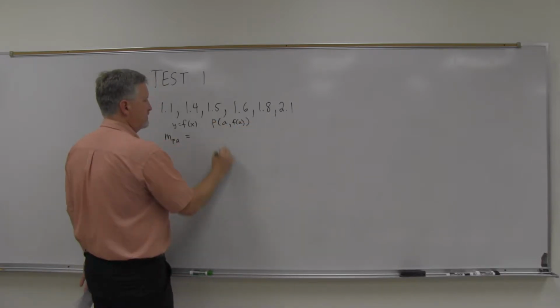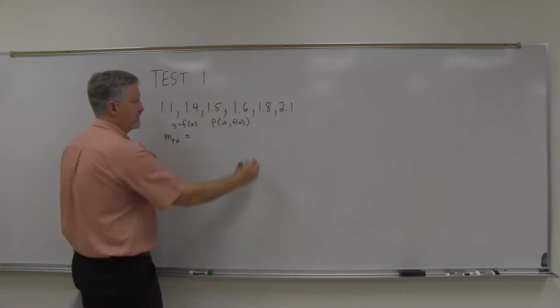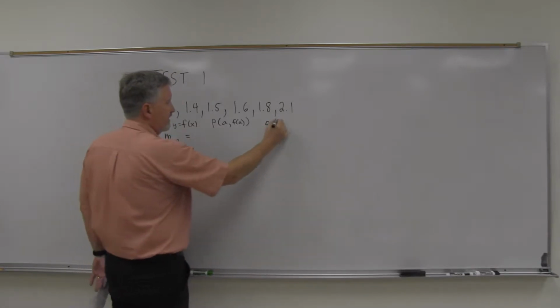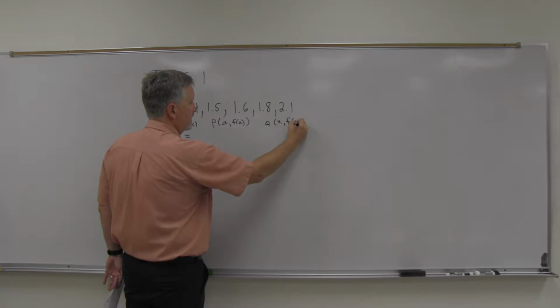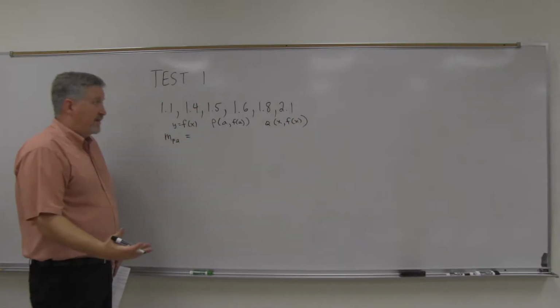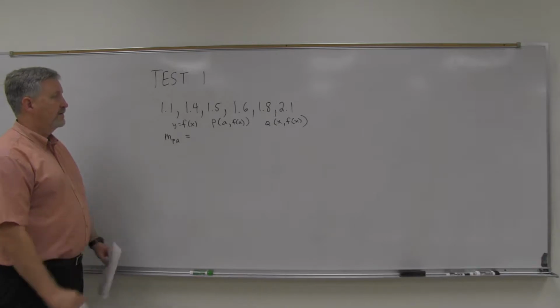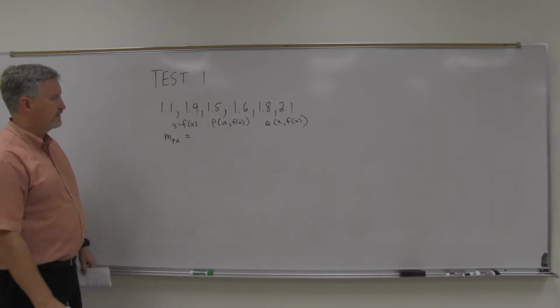Well, that's the point P we wanted, and then the Q is, we just come out a little bit from that, call it x, and then f of x. And it looks a lot like what we came up with in 2.1 anyway for definition 1. We'll talk about that in just a second.